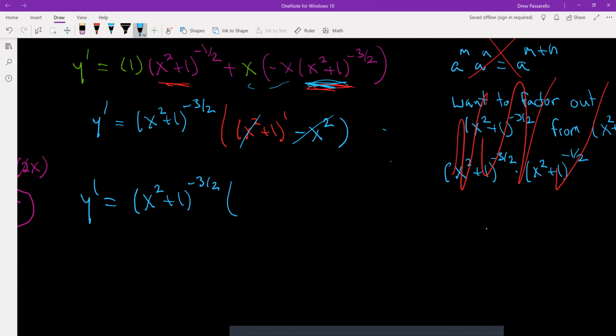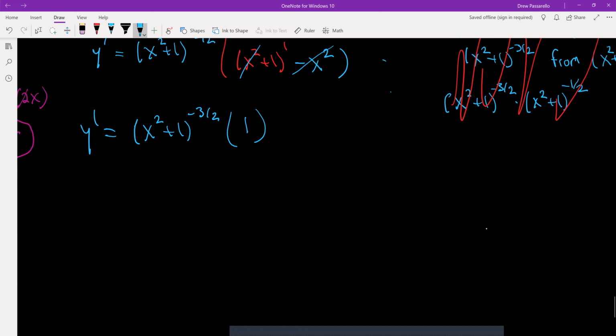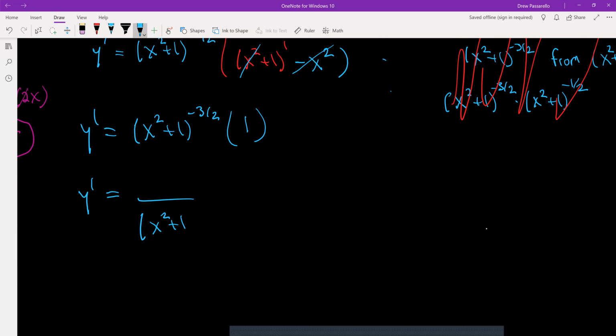Those cancel each other out. So I really just have times 1. And now that that's negative 3 halves, I put it in the denominator. So it becomes positive 3 halves, and then I have 1 in the numerator.